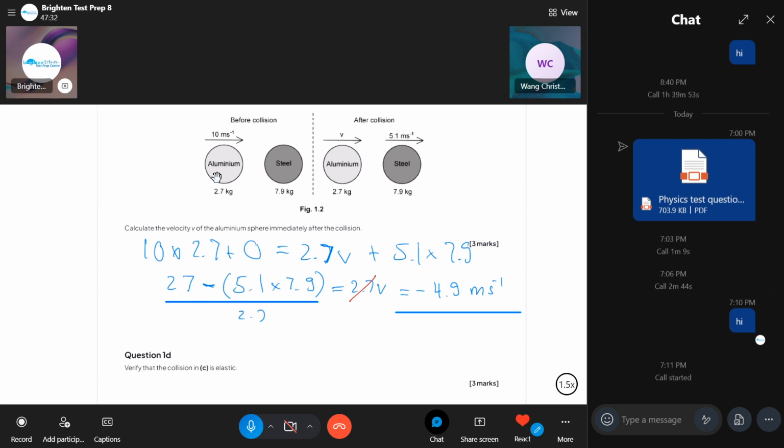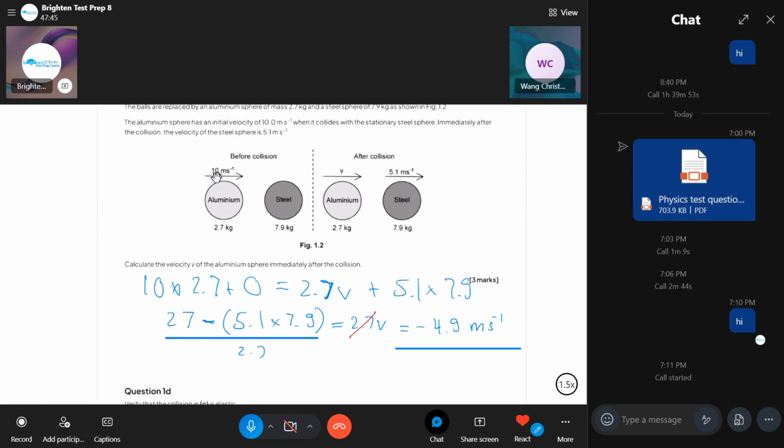So V, in which direction is V actually moving? I mean, aluminium after the collision? Back, to the left. Backwards. Yep, exactly. So actually not like this, but like this. So it must be fully drawn. That's just a symbol, a representation.